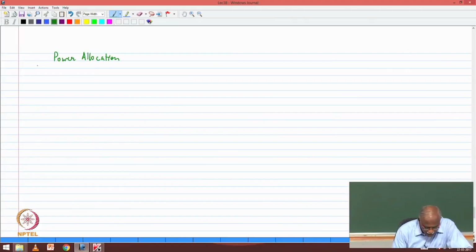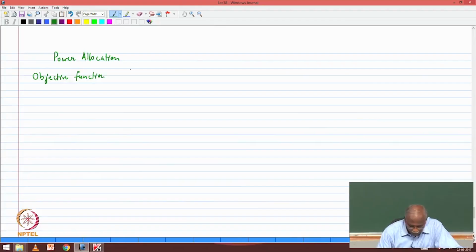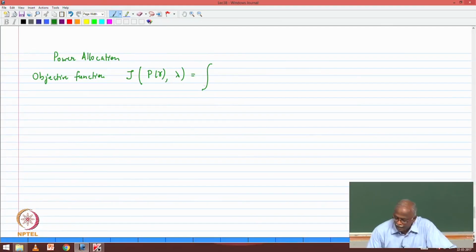That we now have to define an objective function, we'll call it J. It is based on the power allocation P of gamma and the Lagrangian variable lambda, such that you want to look at the maximization of this particular quantity, integral 0 to infinity B times log base 2 of 1 plus P of gamma by P bar times gamma, times f gamma of gamma d gamma.